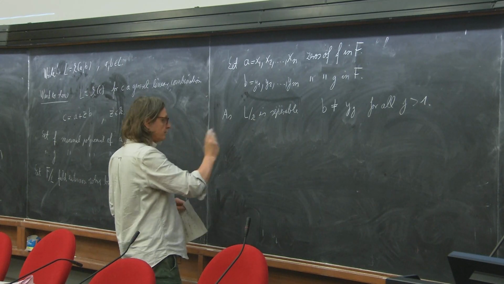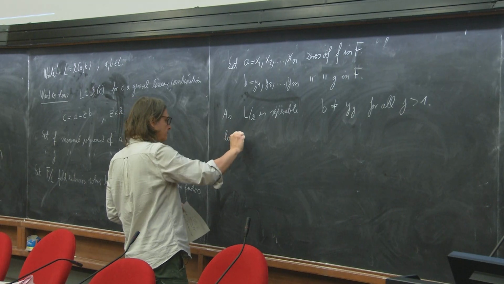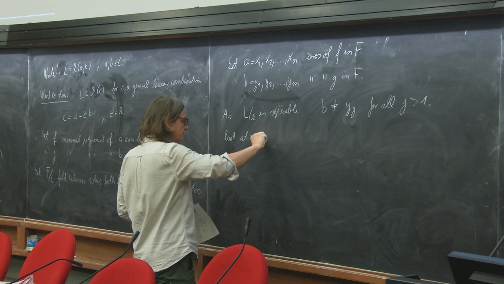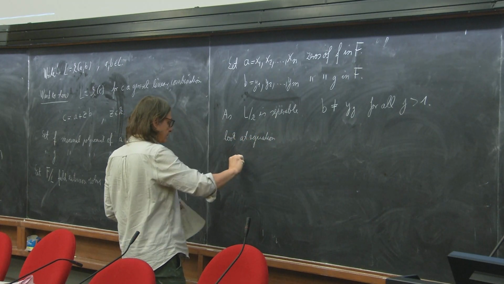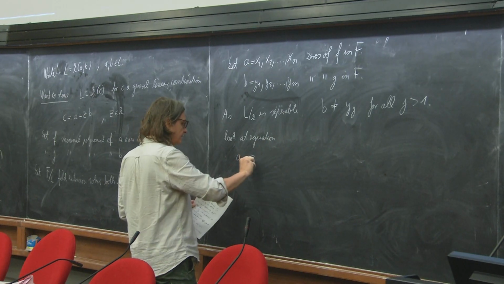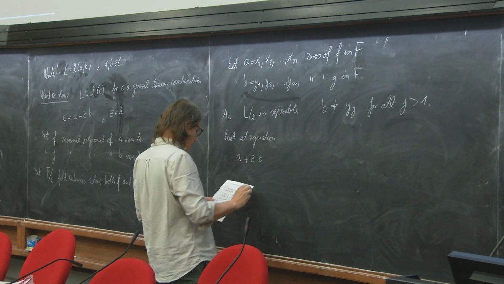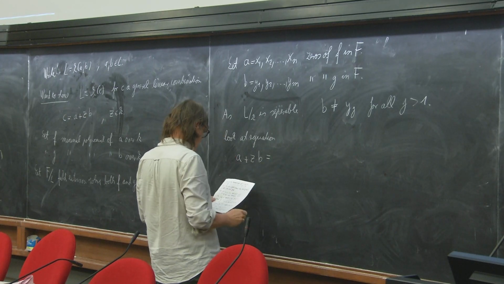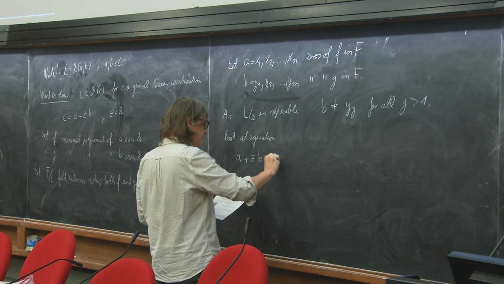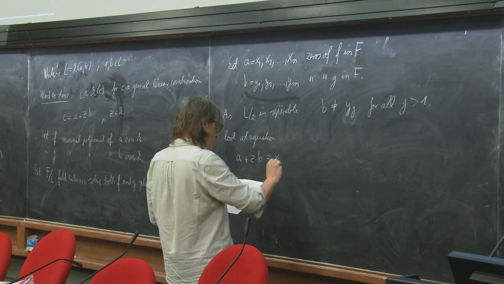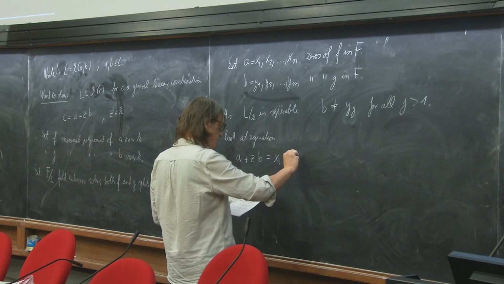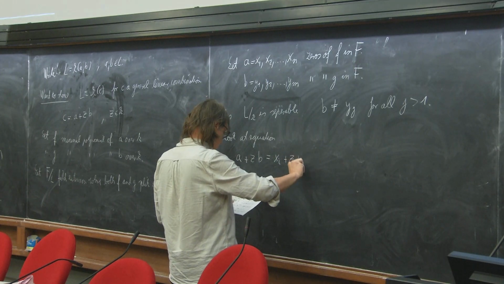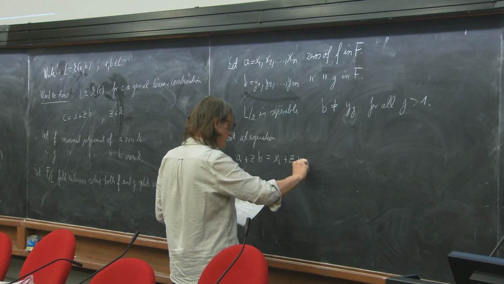So we look at the equation a plus zb equal to xi plus z yj.